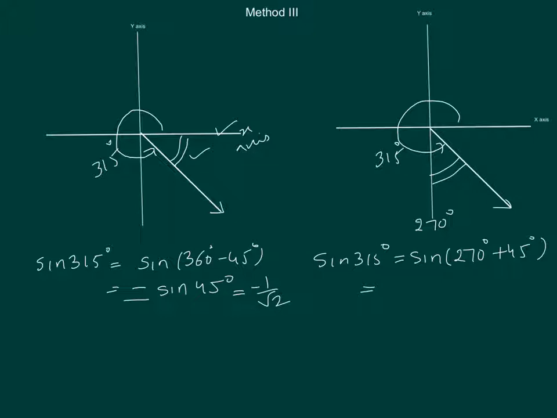Now we can apply the rule. 45 degrees is the reference angle, but y-axis is the line of reference. So sine will change to cos of the reference angle, and sine is negative in the second quadrant. Sorry, not the second quadrant, fourth quadrant. So this gives us minus 1 by root 2.